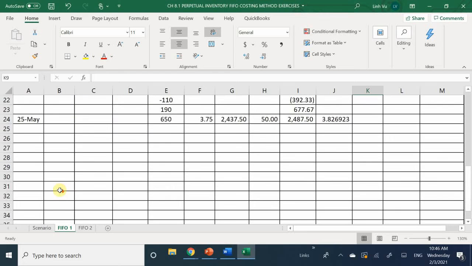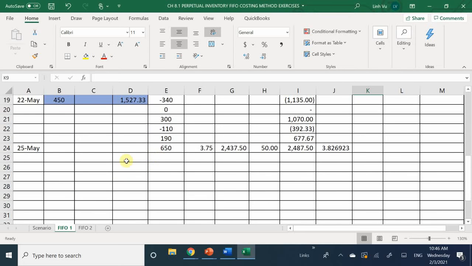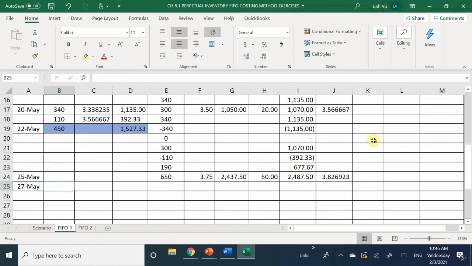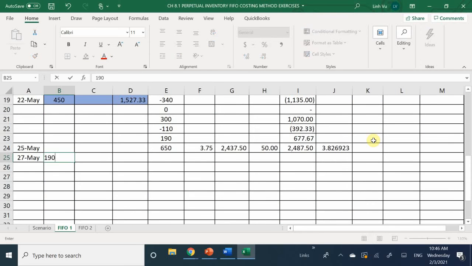Okay. So here on May 27, we need to get a grand total of 740. But how much do I actually have in my blue batch? 190. I have 190. Okay, and I need to get to 740.